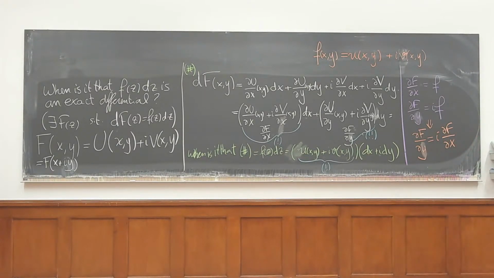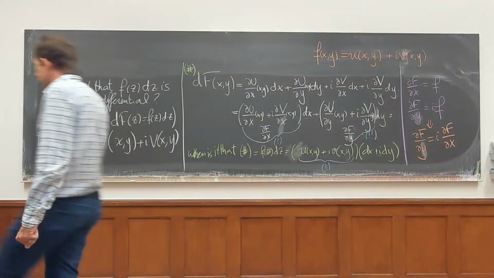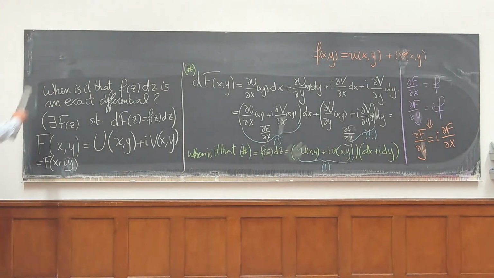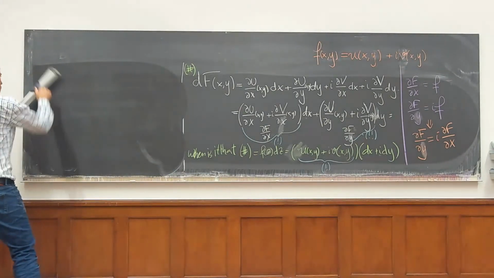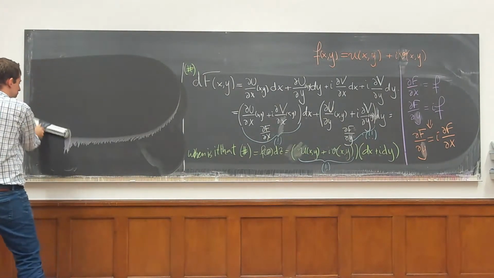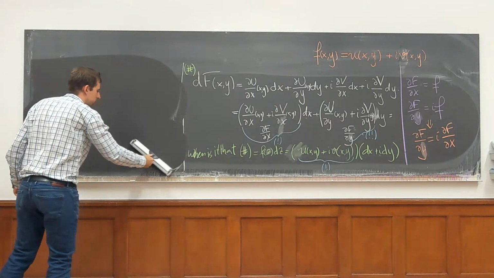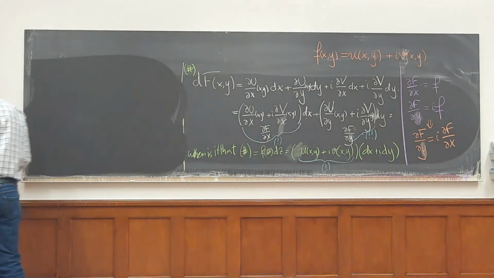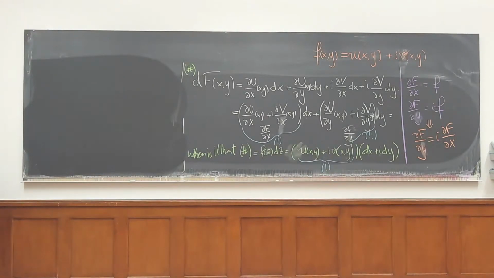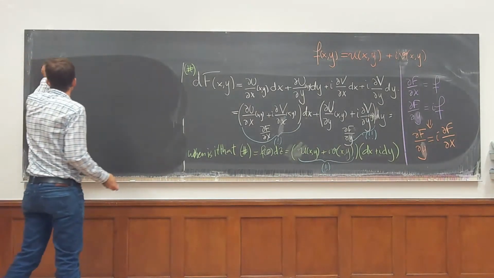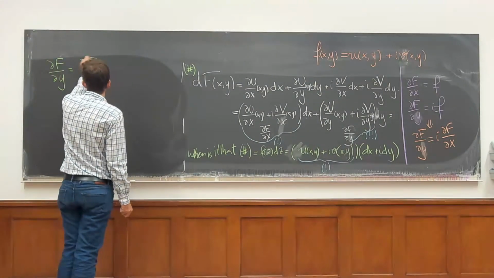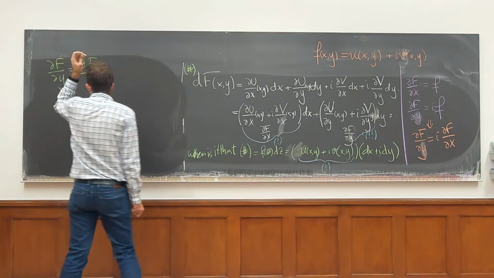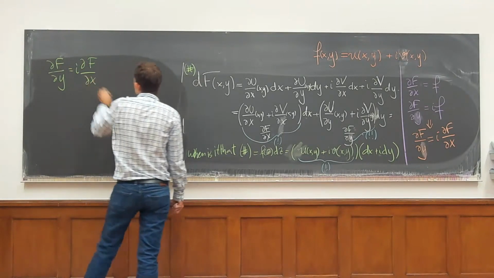Okay, but what is this property? Right, so let me write it again in another way. Okay, so what is this? I have that the derivative of f with respect to y is equal to i times the derivative of f with respect to x.